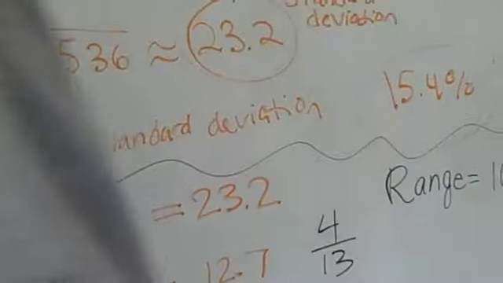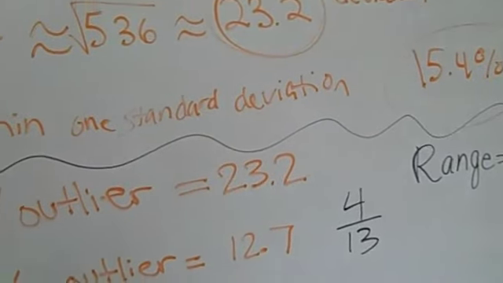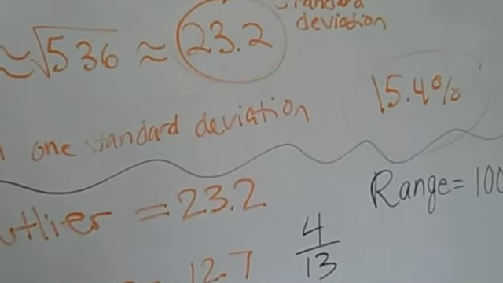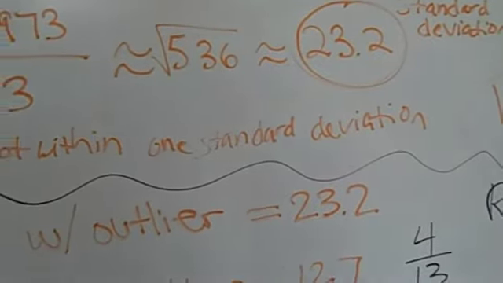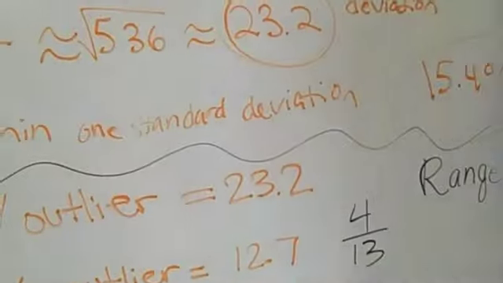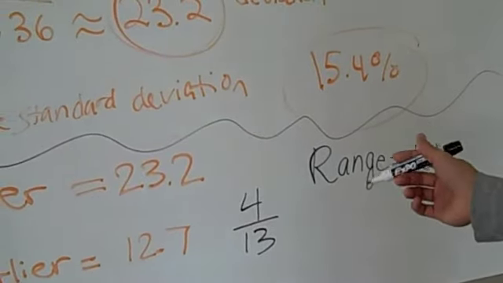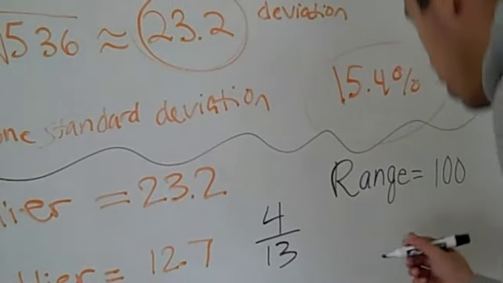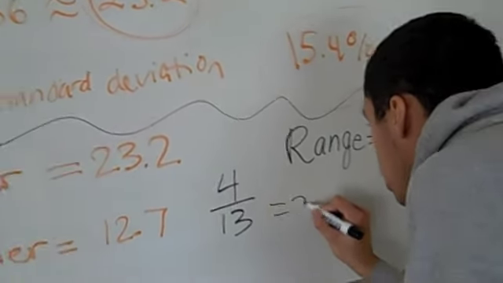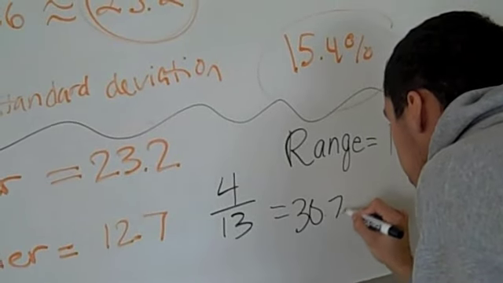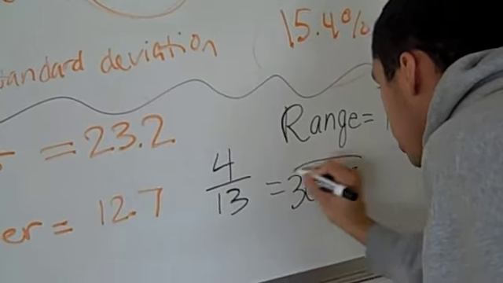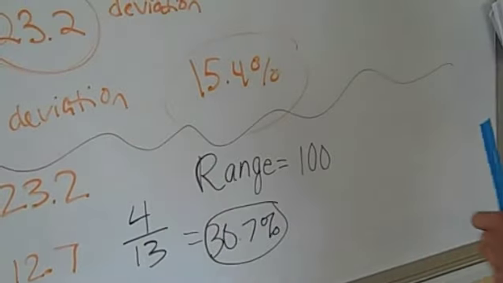And I'll go to the calculator. So instead of 15.4, it went up to about 30.7%.